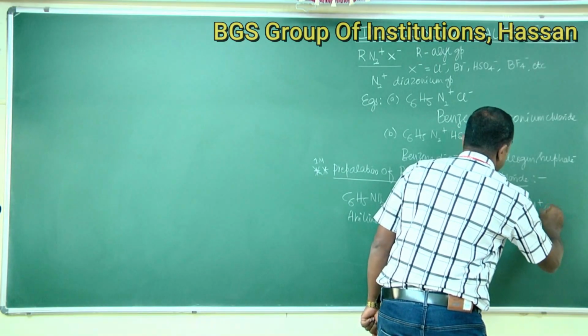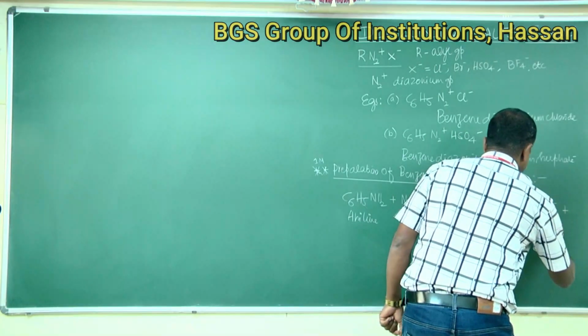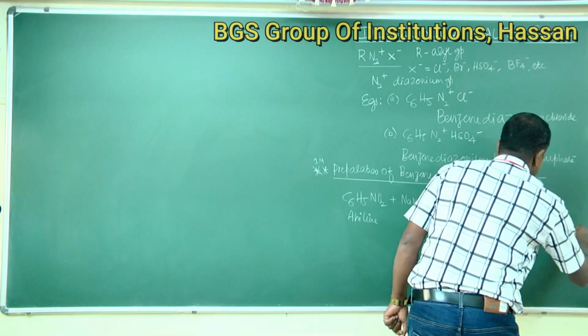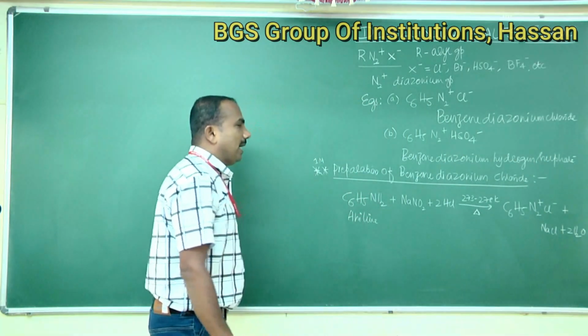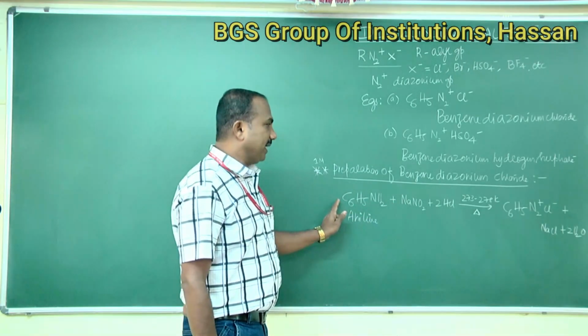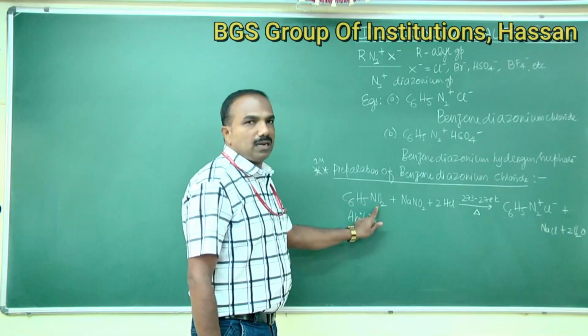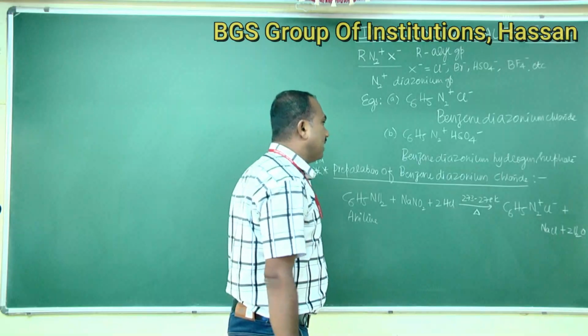The products are C6H5N2+Cl- plus NaCl plus 2H2O. So it is prepared by treating the aromatic amine aniline with nitrous acid.